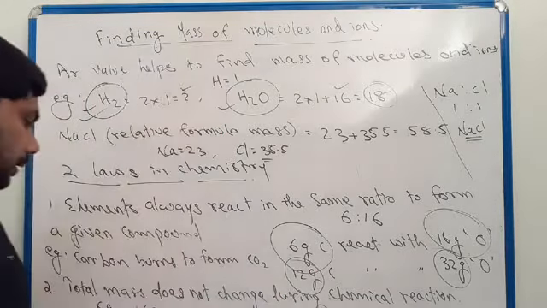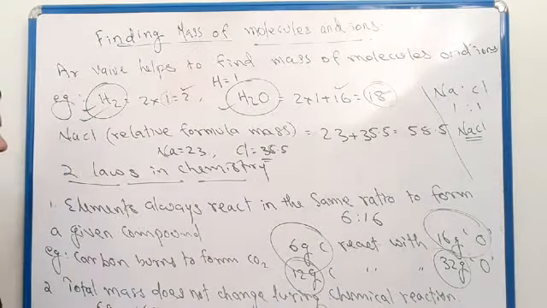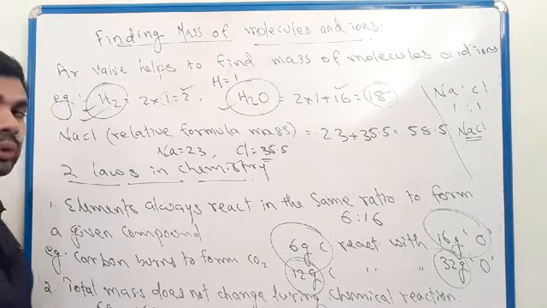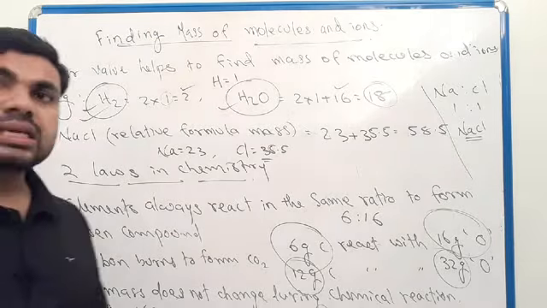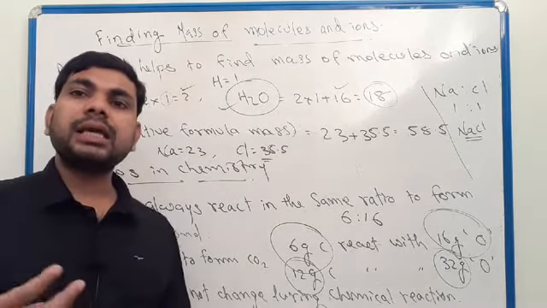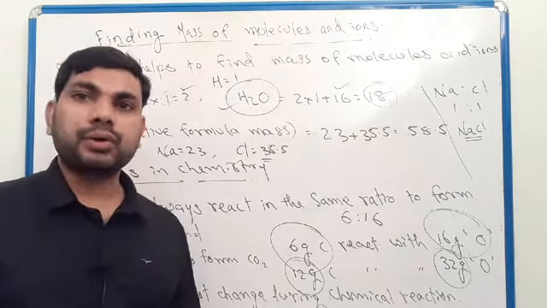See one example. 6 gram carbon reacted with 16 gram oxygen forms 22 gram carbon dioxide. We discussed that carbon burns in oxygen to form carbon dioxide.